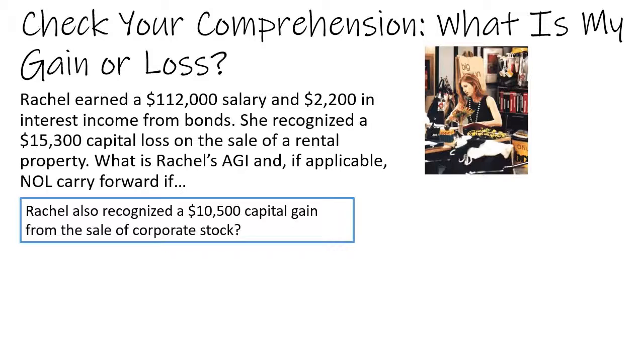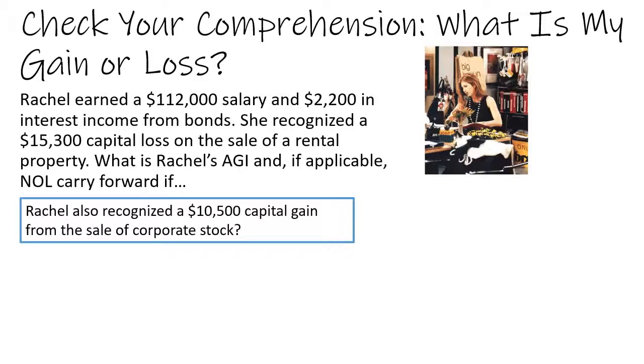So let's check our comprehension of the distinction between a net operating gain and a net operating loss with regard to capital gains. We're looking at Rachel's salary from her big shot Bloomingdale's job. She earns a $112,000 salary, and in this year she earns $2,200 in interest income from bonds. She suffered a $15,300 capital loss on the sale of a rental property.